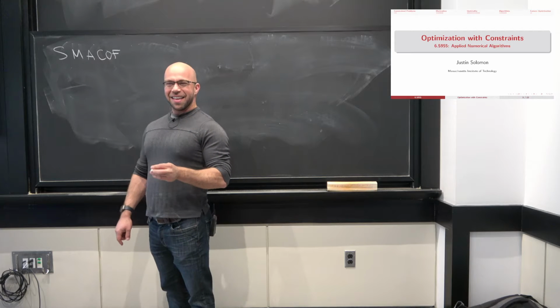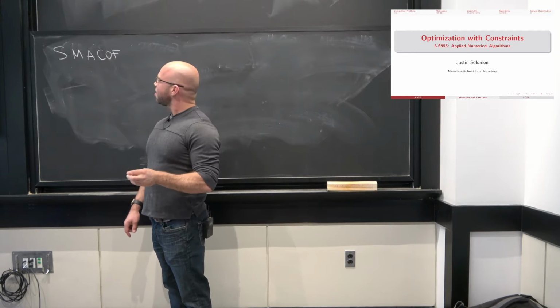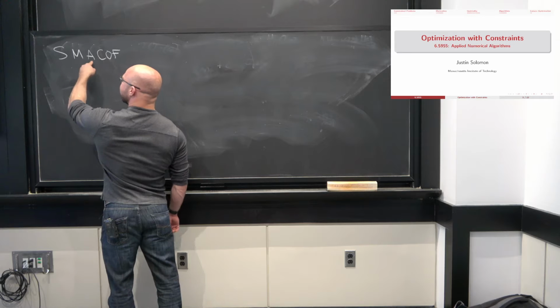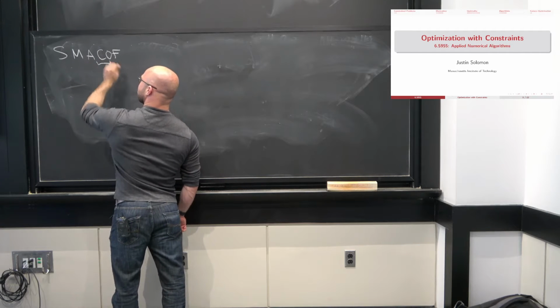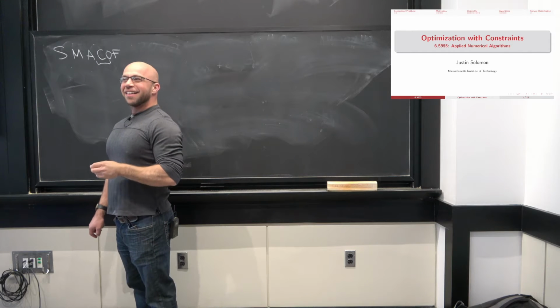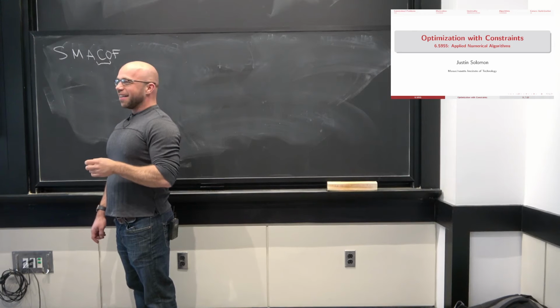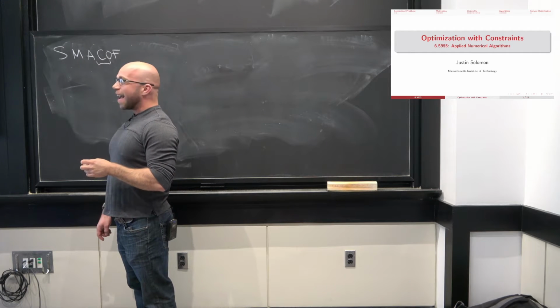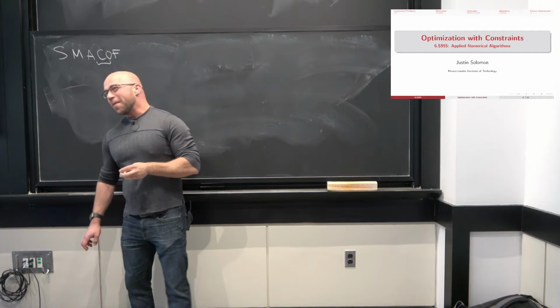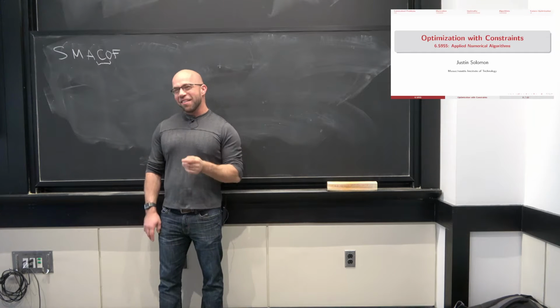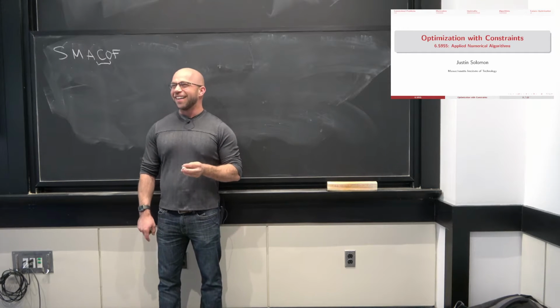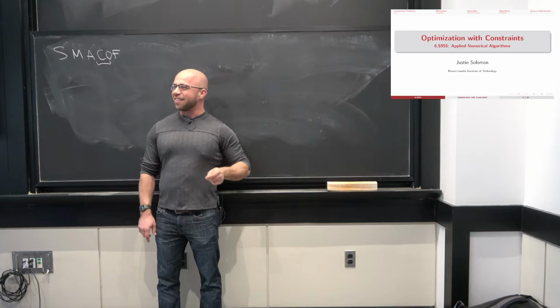It's scaling by majorizing a complicated function. SMACOF. Wait, how do you say that? SMACOF? I don't know, but it is one of the state-of-the-art tools for embedding graphs and distance matrices.